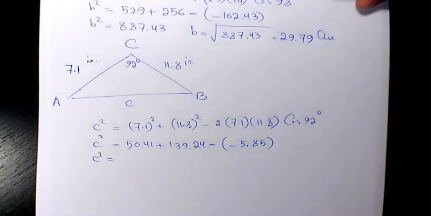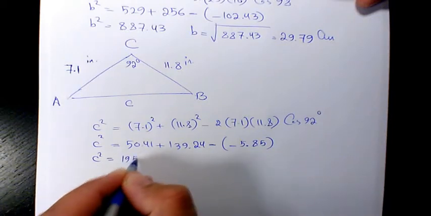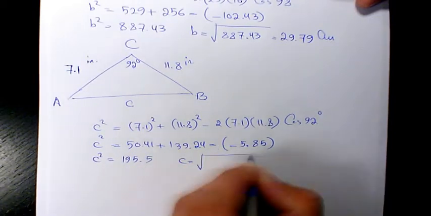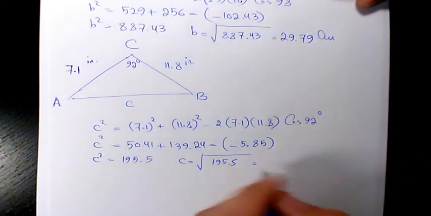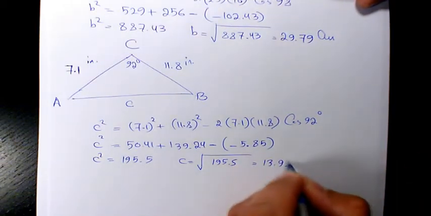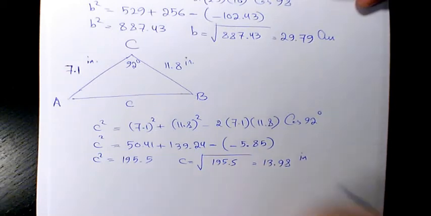It's going to be 50.41 plus 139.24 plus 5.85. That's going to be 195.5. So C is going to be the square root of 195.5, and it's going to be 13.98 inches.